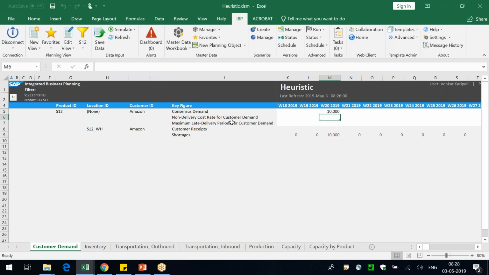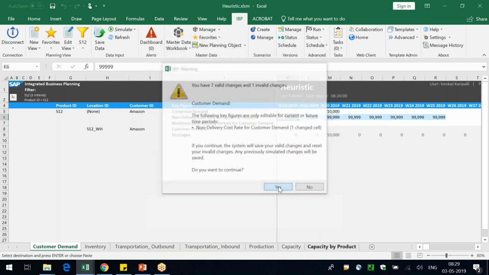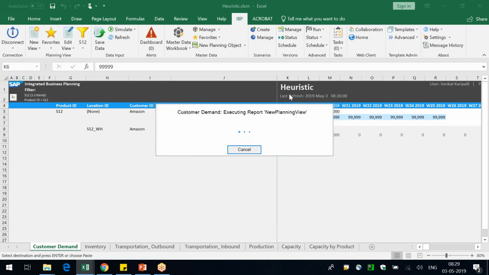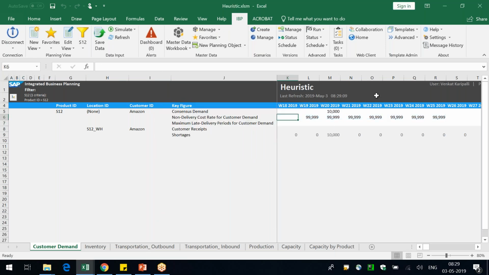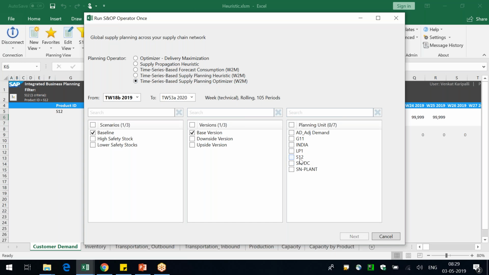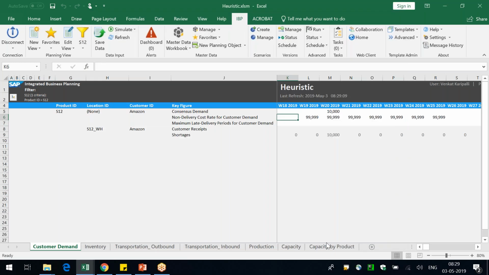Now I maintain some costs here. There's a non-delivery cost rate for customer demand, so I give a very high cost. Let me copy this cost. The current week we cannot change. Running the optimizer again.